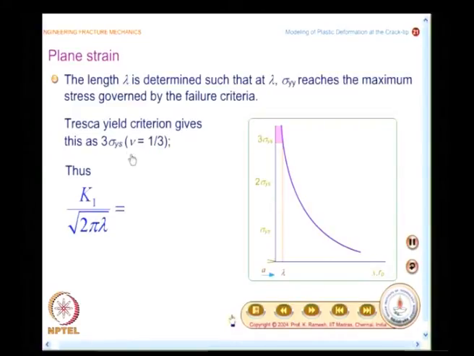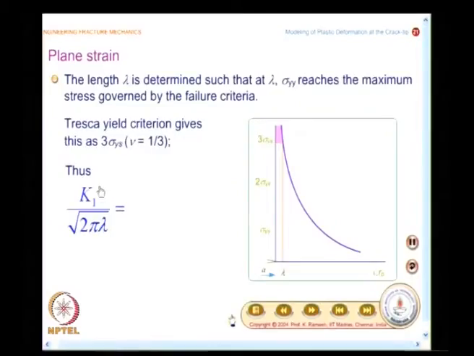While doing this calculation, we have ignored blunting of crack tip. In reality, when you are looking at plastic zone correction, blunting of crack tip also takes place, you cannot ignore that. So, what we will do is, without blunting, what is the kind of result that we get?